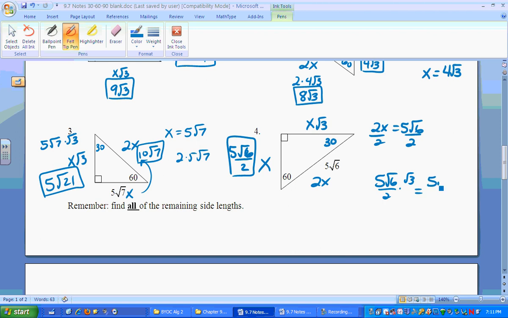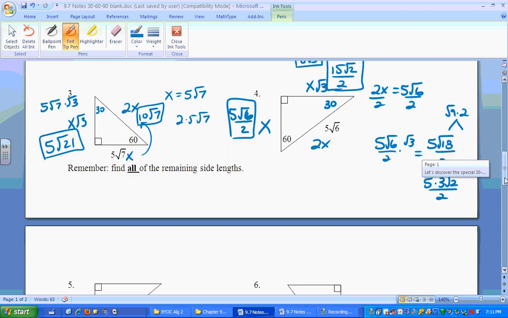The top becomes 5 root 18 over 2. But wait, root 18 breaks up into root 9 and 2. So we really get 5 times 3 root 2 over 2, which ends up being a grand total of 15 root 2 over 2. See, good thing we learned how to simplify these things.